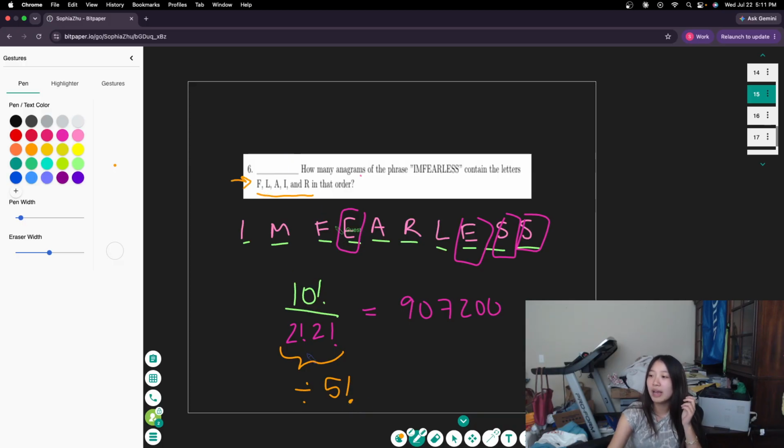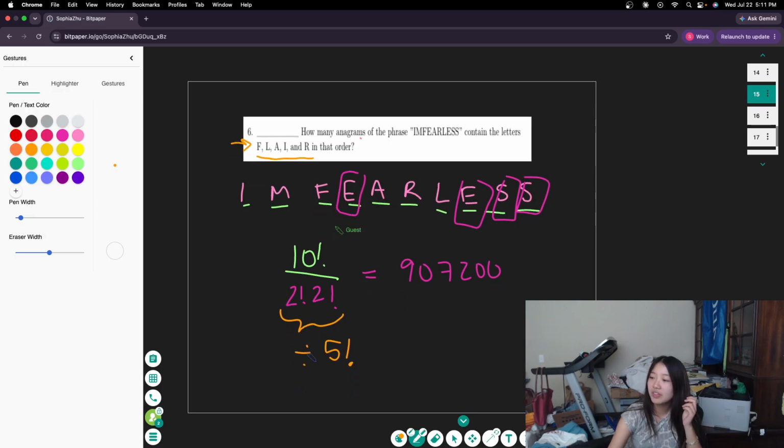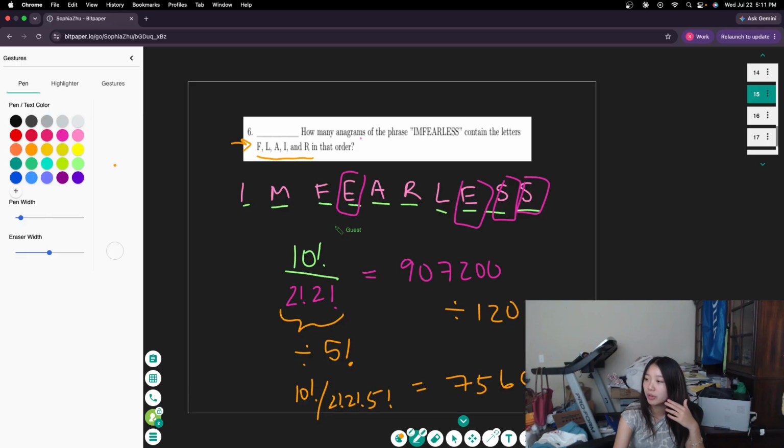So we get 10 factorial divided by 2 factorial times 2 factorial times 5 factorial, and this gets us something like 7560. Just dividing this by 120 basically, and that's our final answer.